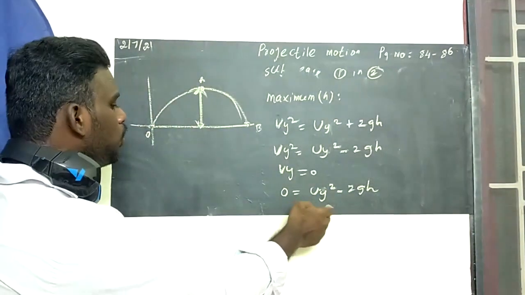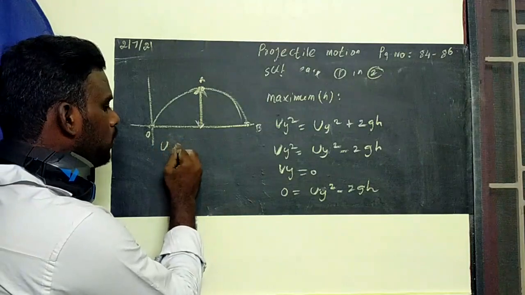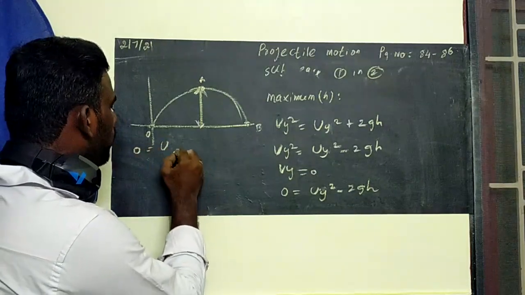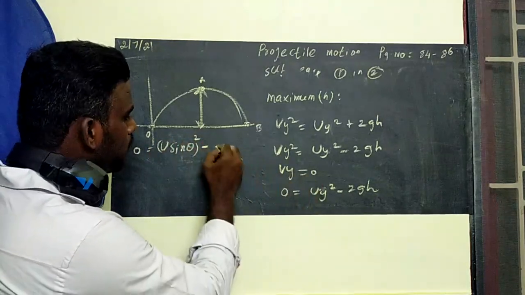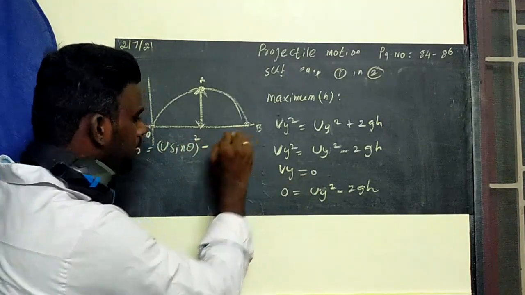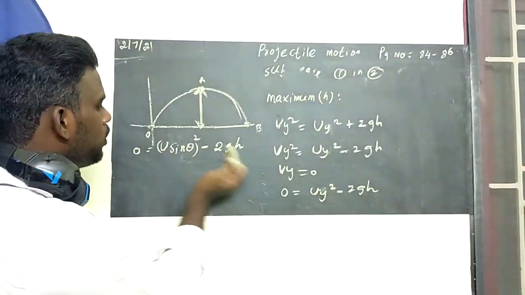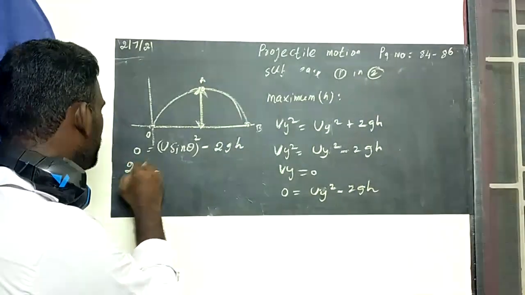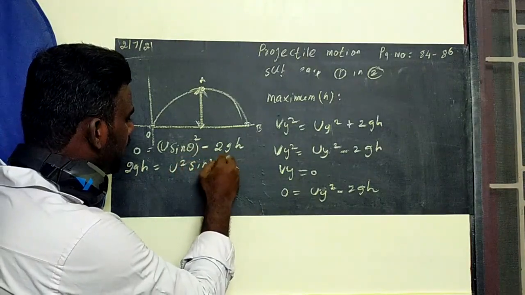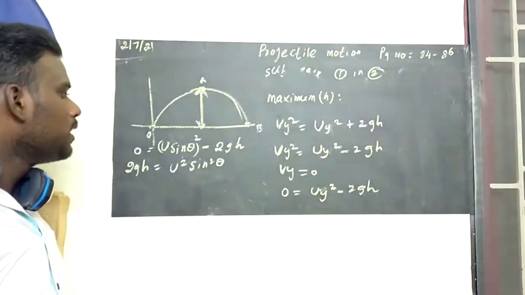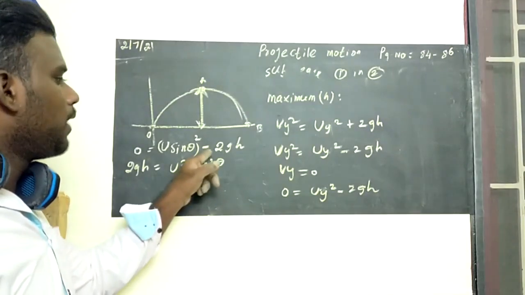So what is my uy value? uy equals u sin theta, whole squared, minus 2gh. Transfer this minus 2g to this side and it becomes 2gh equals u squared sin squared theta.